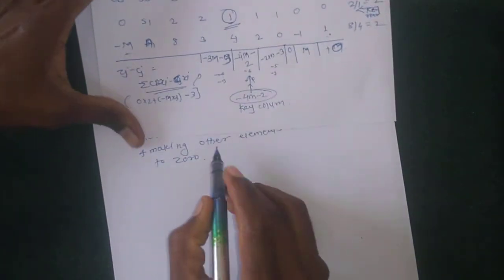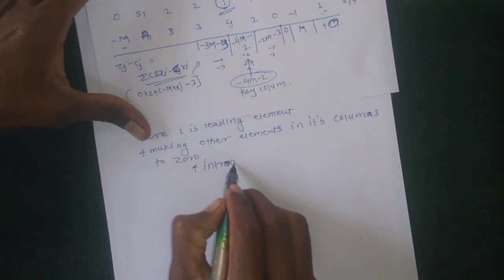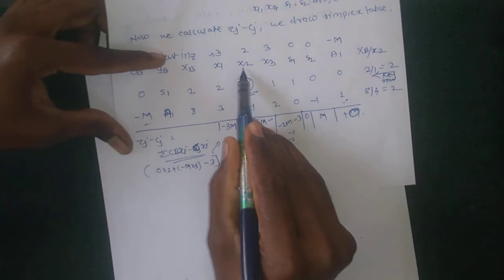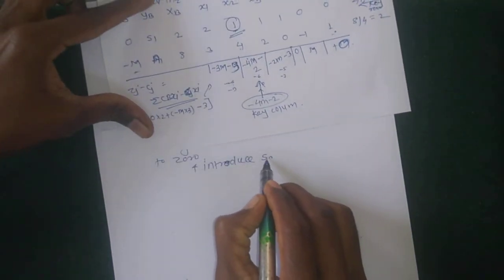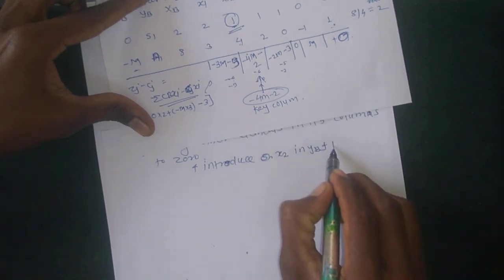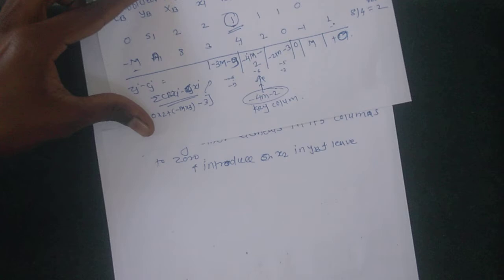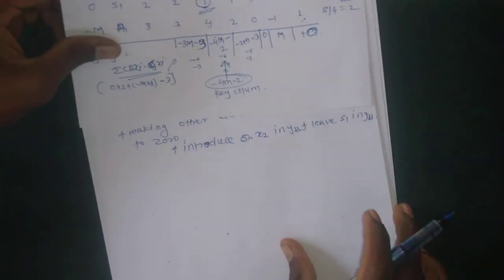And lastly, introduce x2 in place of s1: introduce x2 in yb and remove s1 in yb. So these are both cases in one column.